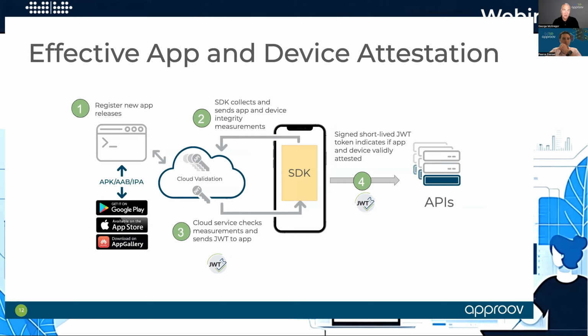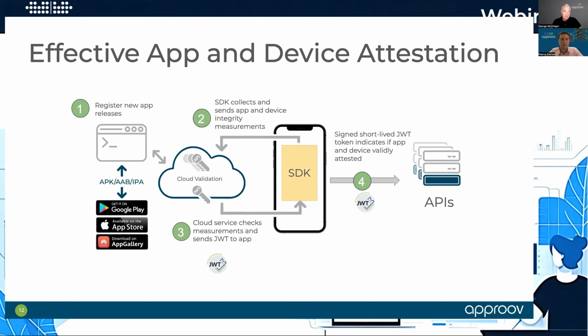So let's take a look at what mobile attestation should look like, and with that, we'll understand how we can integrate this with any backend app security in a very effective way.